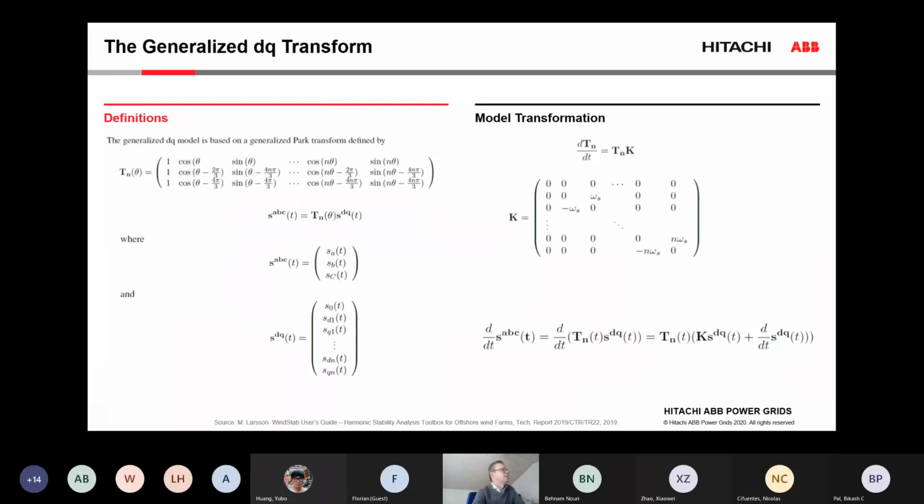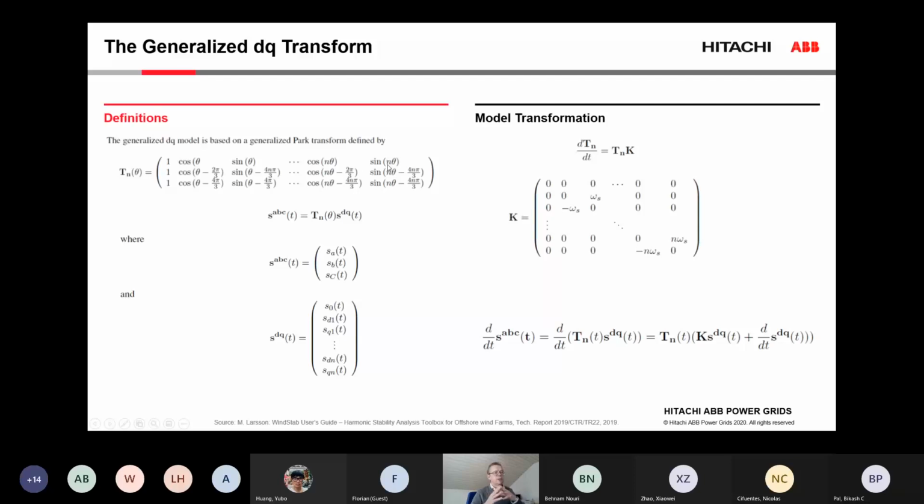So we came up with this, I don't know if someone else has done it before, but we call it this generalized DQ transform. And what you do then is that we use the same idea as the classical Park transform, where you would only have the first columns here of this transformation matrix. So apart from the scaling here, if you cut this off here, it would be the same as the normal Park transform, but we consider here additional terms with higher frequencies.